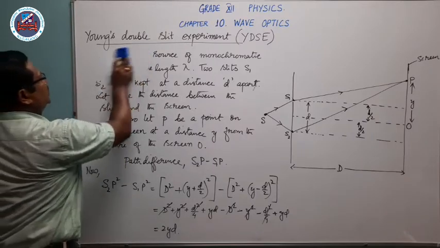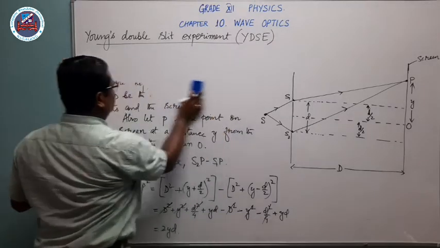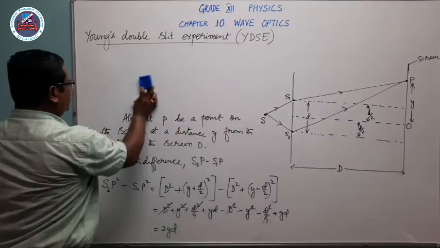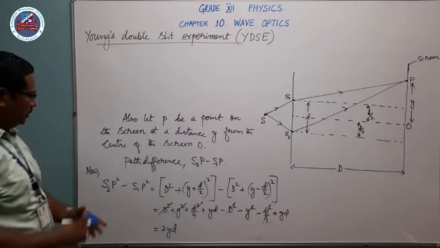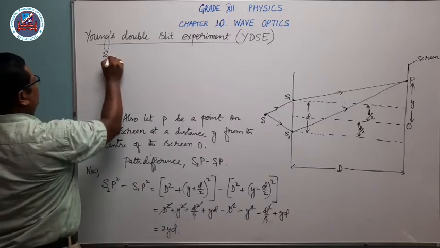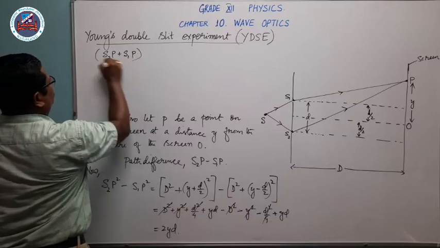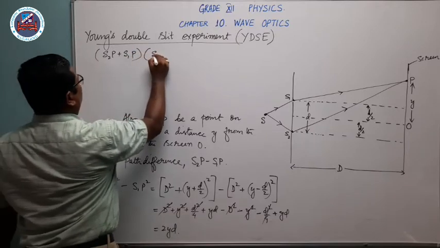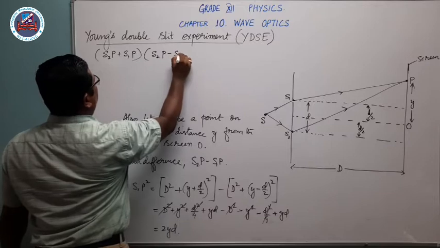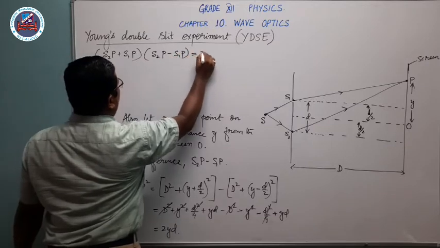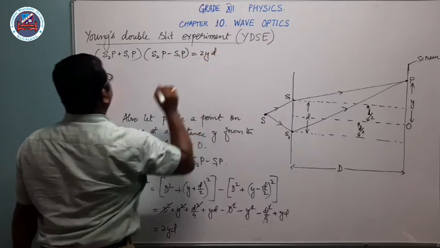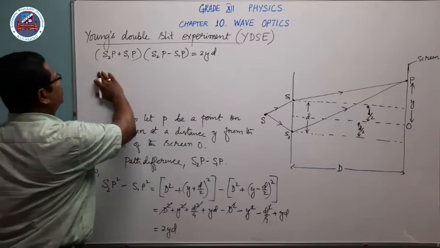After this, you will use your algebraic identity: A square minus B square is A plus B into A minus B. This is equal to 2YD. Now here one small assumption.